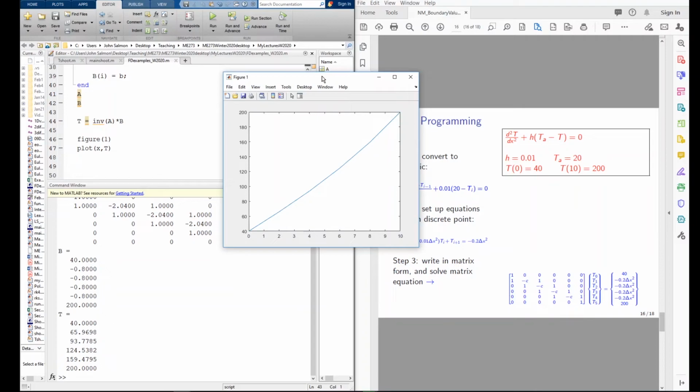All right. I've got a couple of data points that are going to link this from 40 to 200. So let me add some labels here quick.